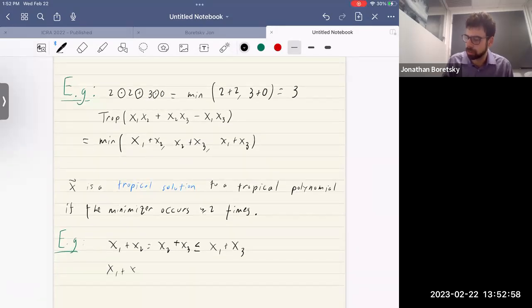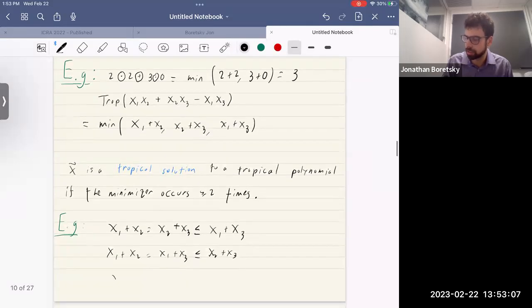So you could have the outsides be the minimum and be less than or equal to the middle. Or you can have the last 2, which is going to be less than or equal to x1 plus x2.